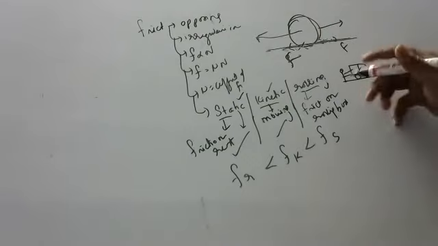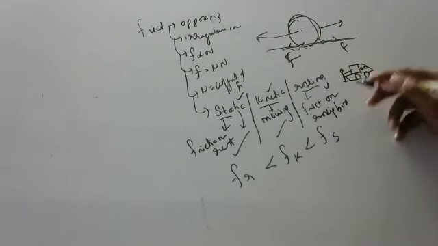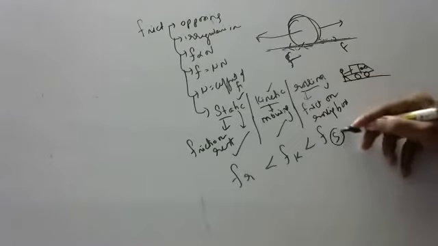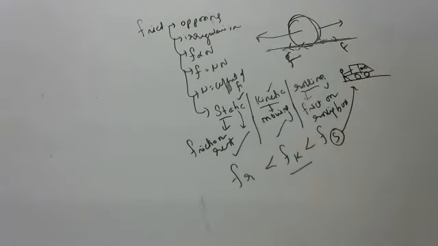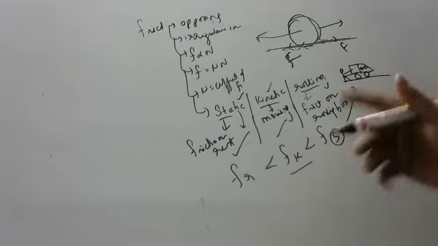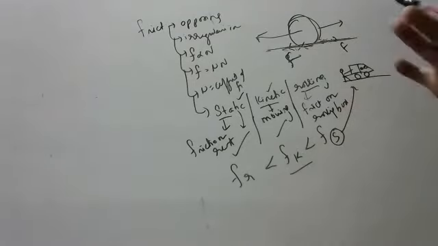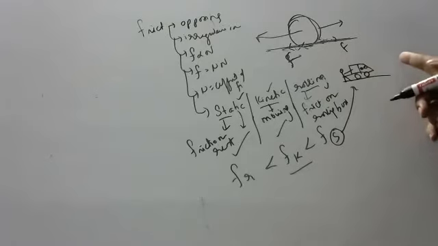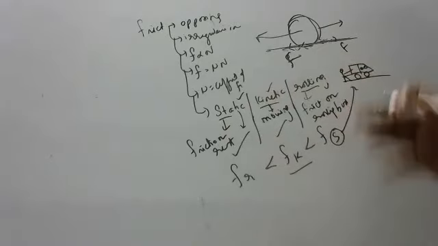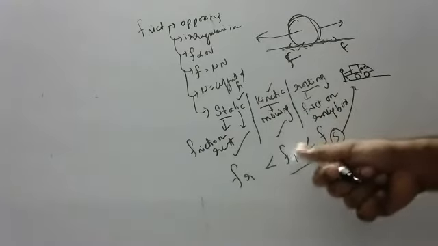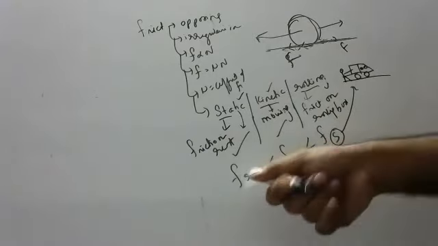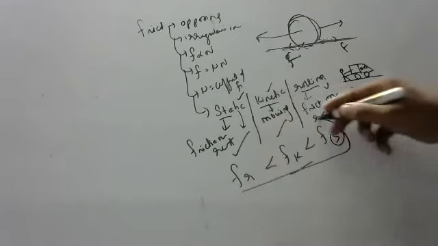When you are pushing, children, till it moves, it will be very difficult to push. Once it is moving, it is easy to push. Till you start moving, the static friction will be very high. Once you start moving, the friction will decrease, and rolling friction is the least, children.